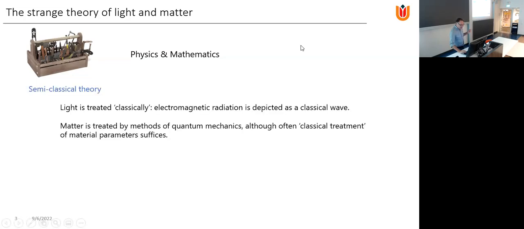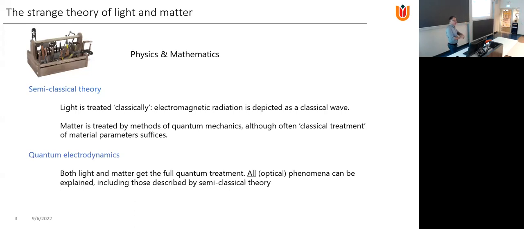So the toolbox that we will have is basically physics and mathematics. And within that toolbox, we have two theories. We have semi-classical theory, where light is treated classically as a wave, but the material is treated by methods of quantum mechanics, even though usually even the classical treatment of material will work just fine.